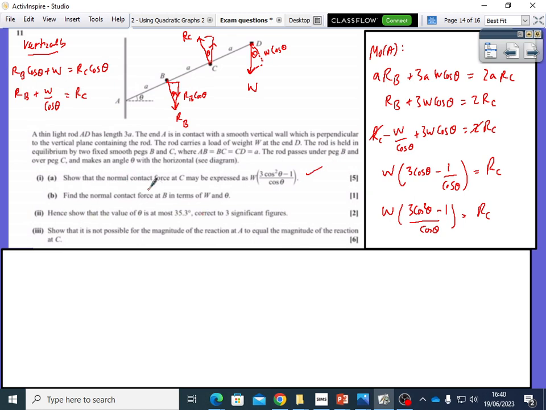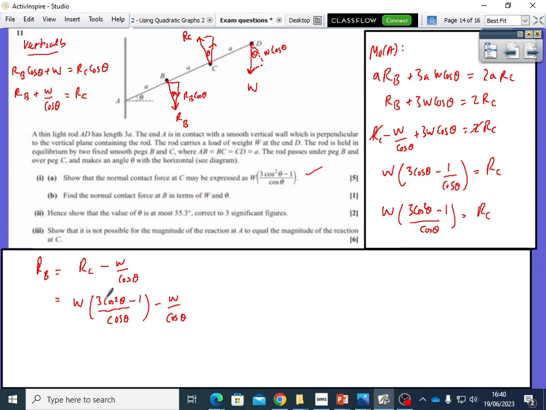Now find the normal reaction at B in terms of W and theta. What we can just do here is, we know that RB is equal to RC minus W over cos theta, and we know that RC is that, as given there, so that's going to be W open bracket 3 cos squared theta minus 1 all over cos theta, minus W over cos theta.